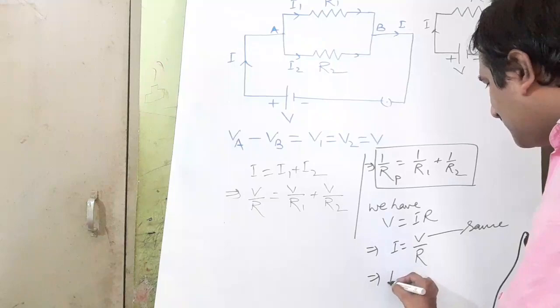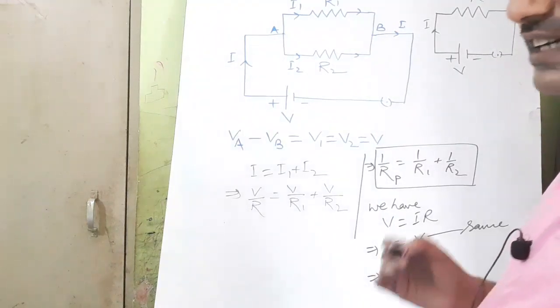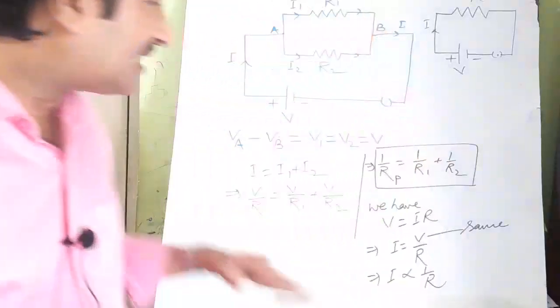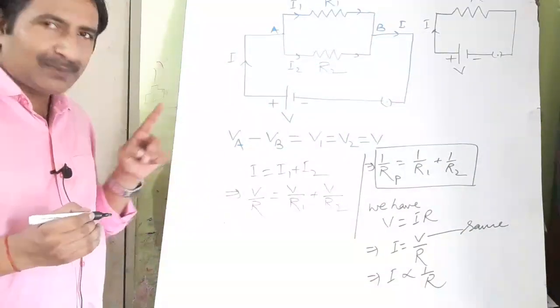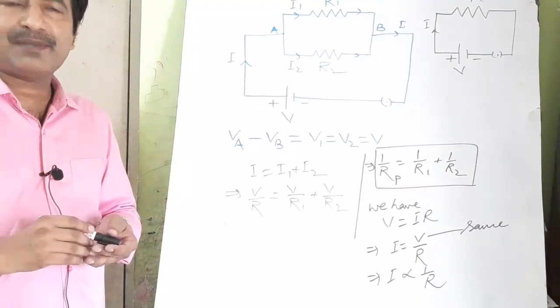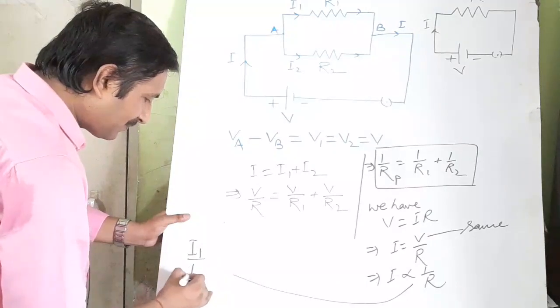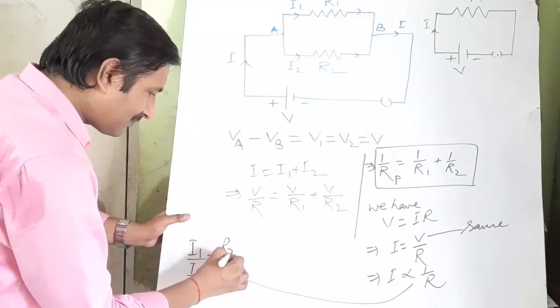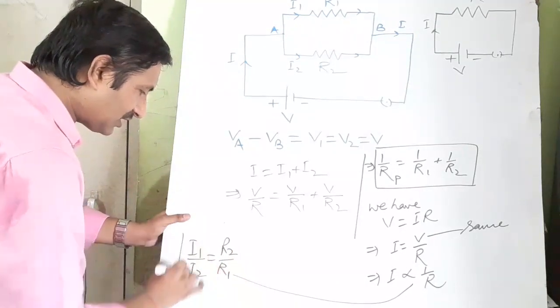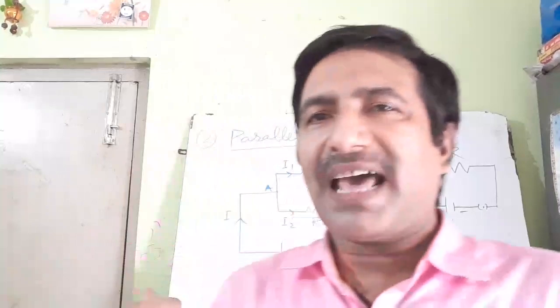It means I is inversely proportional to R. Means the current through the resistor with higher resistance will be less and the current through the resistor with lower resistance will be more. On this basis you can write I1 by I2 is equal to R2 by R1. Got it? So these three conclusions you can draw from parallel combination.